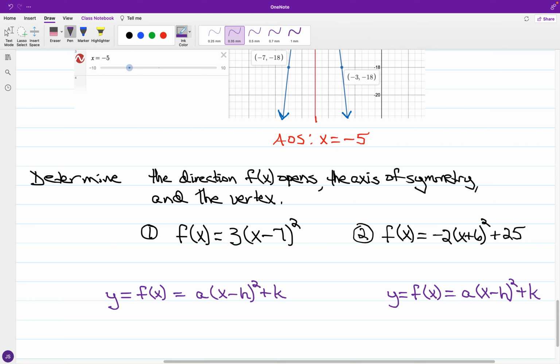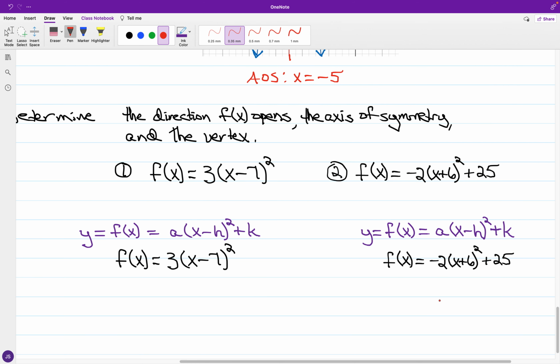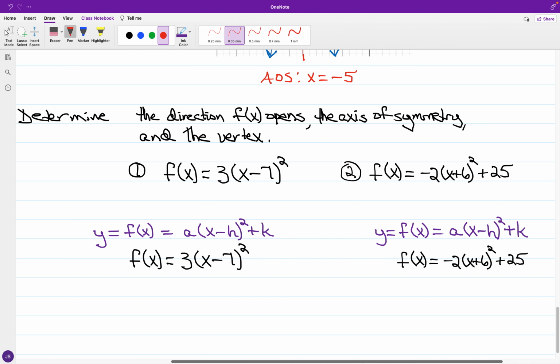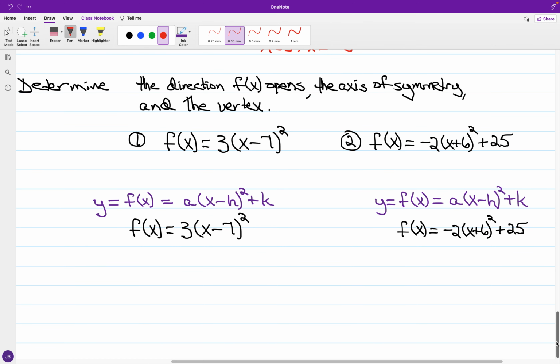So for these two functions, we're looking at the direction that the graph opens, as well as the determination of the axis of symmetry and the vertex. With the first function, y is equal to f of x is equal to 3 times the square of the binomial x minus 7.